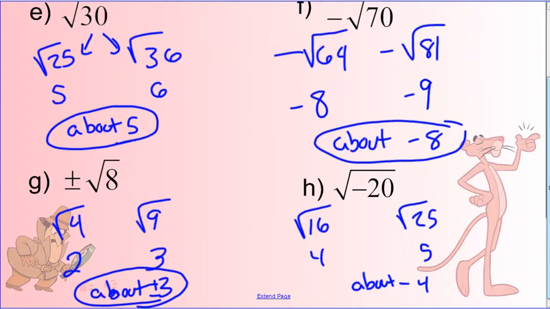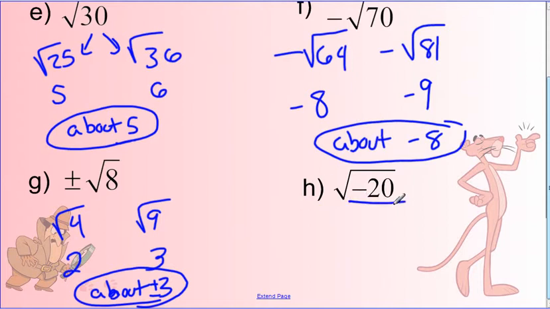Don't erase. I just want you to listen and look and understand why this is not true. Remember what square roots were. Perfect squares. To get this number on the inside, you take a number times by itself. Well, what number times by itself will give you something around negative 20?